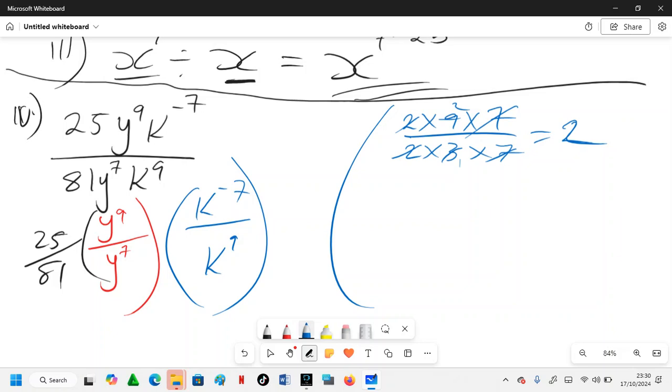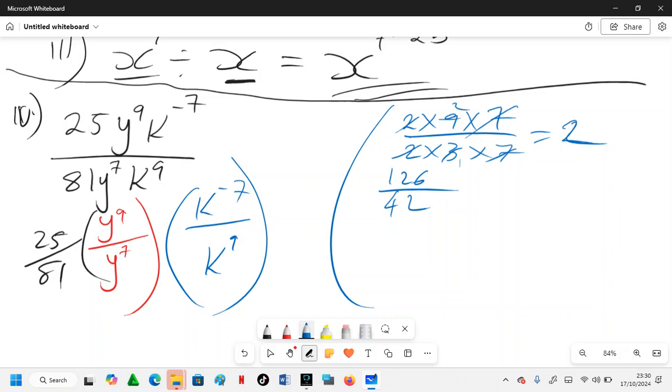Is that correct? Let's confirm it. 2 times 9 times 7: 2 times 9 is 18, and then times 7 is 126. The numerator is 126, and then 2 times 3 is 6, and then times 7 is 42, right?